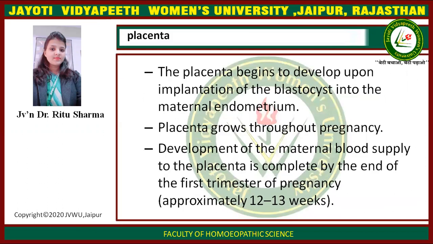Placenta. The placenta begins to develop upon implantation of the blastocyst into the maternal endometrium. The placenta grows throughout pregnancy. Development of the maternal blood supply to the placenta is complete by the end of the first trimester of pregnancy, approximately 12 to 13 weeks.